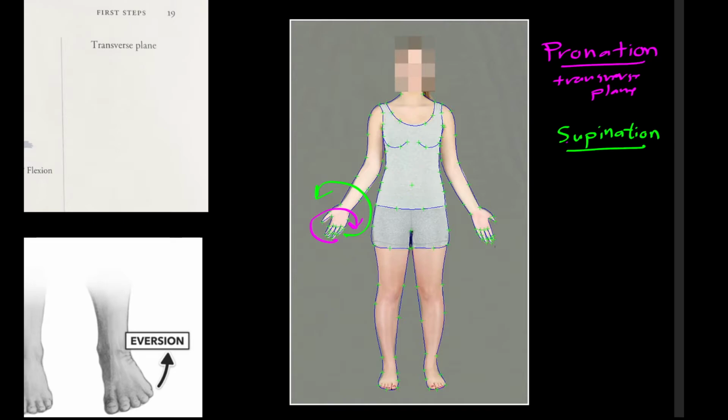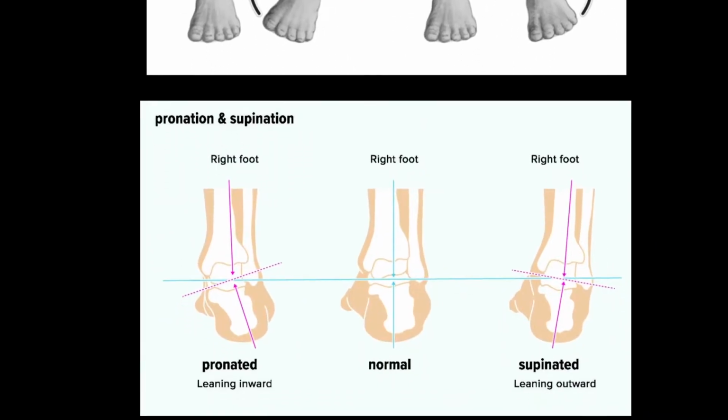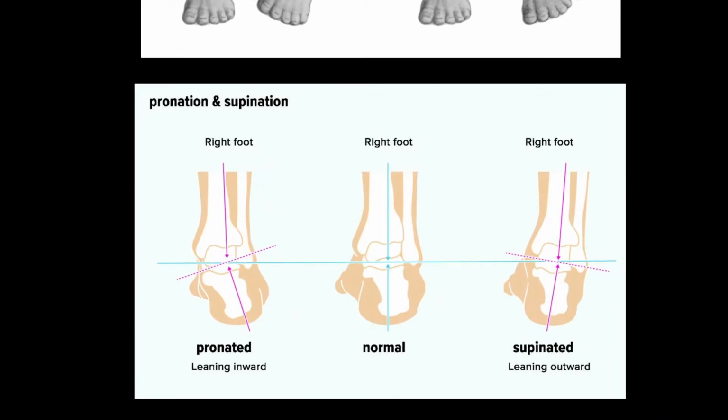Where things get a little confusing is at the subtalar joint. So you will quite often see figures like this that describe, and by the way, in case you can't tell, this is a rear view of the right foot. You can kind of see the big toe over here and then the fifth metatarsal head over here.